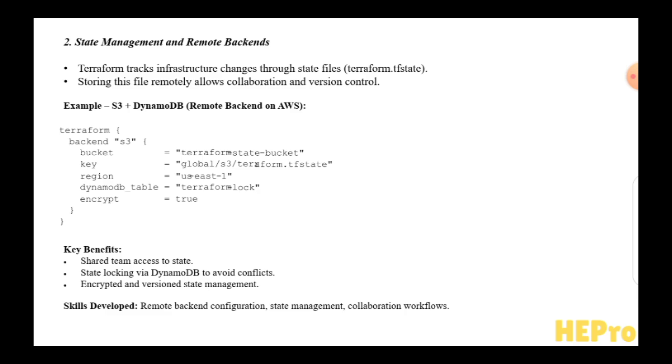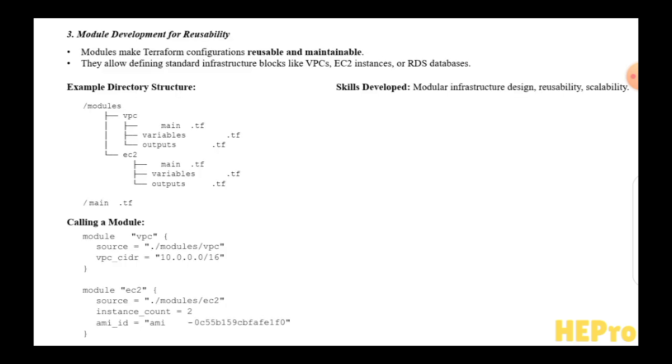This setup lets you share state across the team, track infrastructure changes reliably, and work on IaC in a collaborative, controlled environment. Through this, you gain skills in remote backend configuration, state management, and collaborative Terraform workflows. Moving on.